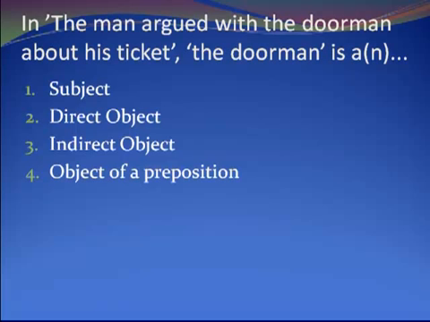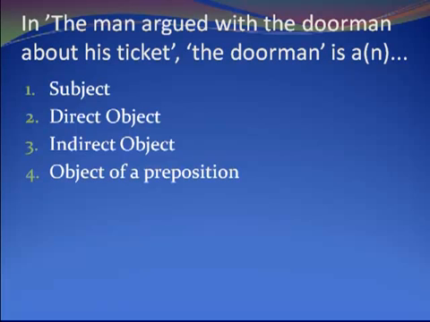So in order to work out what it is, you have to look at where it occurs. What's the word before the doorman? We see that that's "with," and with is a preposition. So what we have looks like a preposition with a noun phrase. Now we can test that.